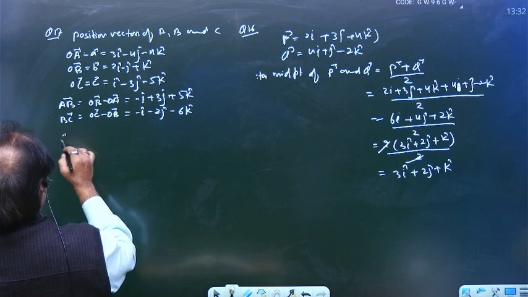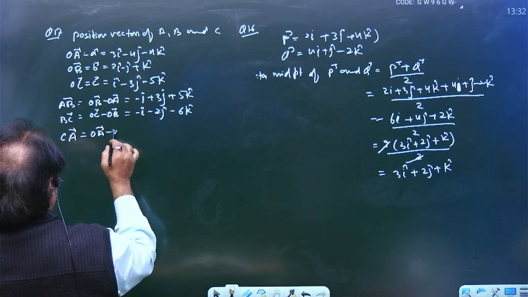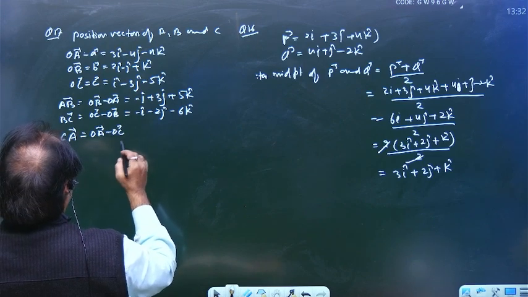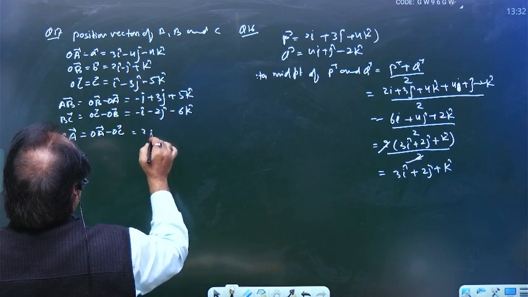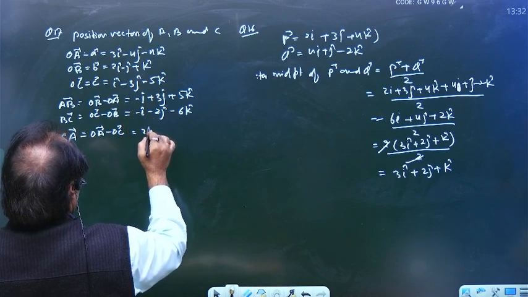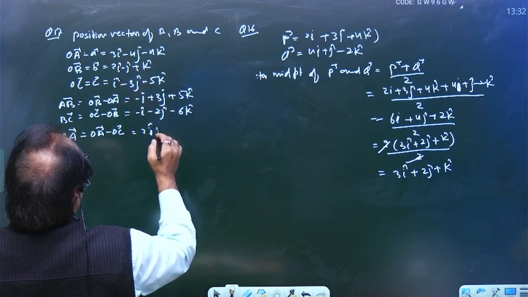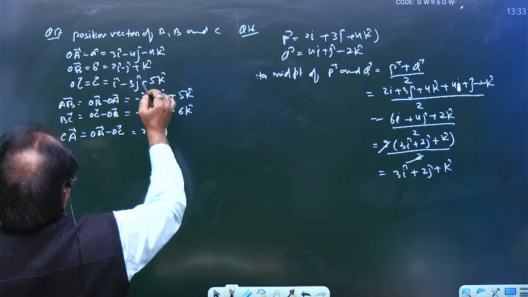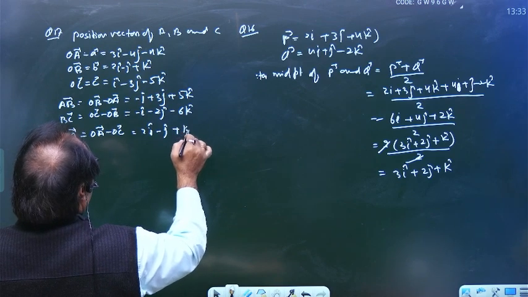And then CA. CA means OA minus OC, that is A minus C. So 3i minus i is 2i cap, and minus 4 plus 3 is minus j cap, and minus 4 plus 5 is plus k cap.